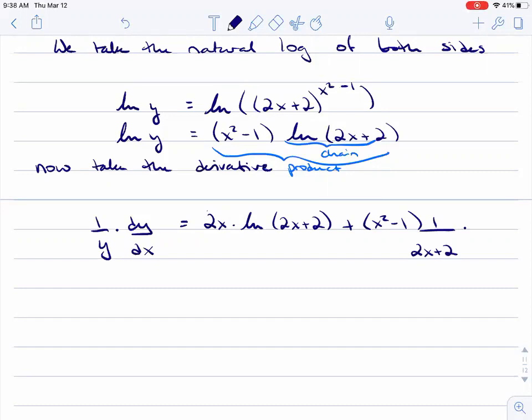But I have to multiply it by the derivative of the inside. The derivative of 2x plus 2 with respect to x is just 2, so times 2.